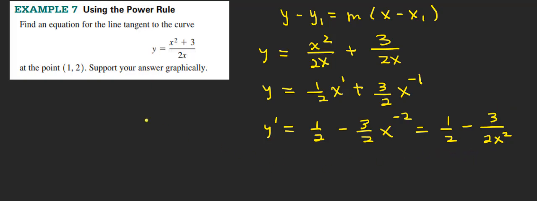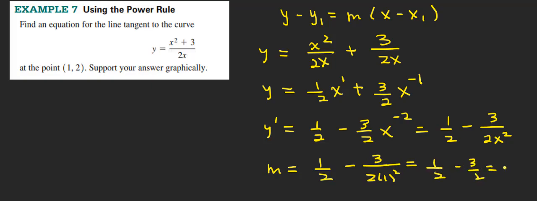So what is the slope at 1, 2? Well, you have to put 1 for x, and you end up getting 1 over 2 minus 3 over 2, which is negative 1. So the slope at 1, 2 will be negative 1. Now we have a slope, and what is the point? They gave us 1, 2. So let's plug in over here.